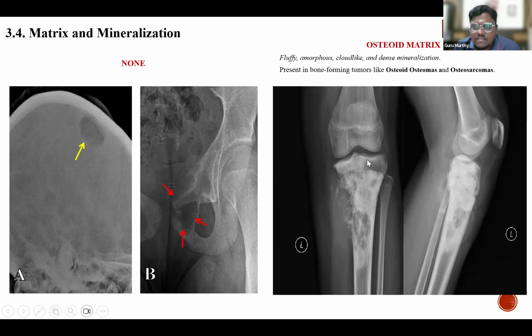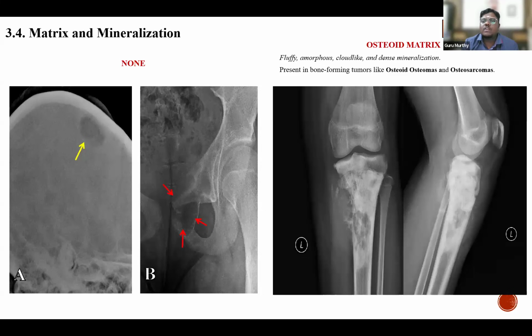But if you see this X-ray, you can see a radiodense area. Next is the osteoid matrix. This tells that the lesion is predominantly having precursors of osteoid tissue. So between the tumor cells, there are osteoid components. This gives hints to the possible histological diagnosis of your case.